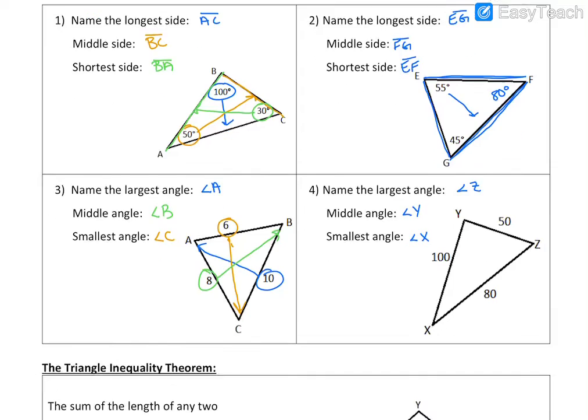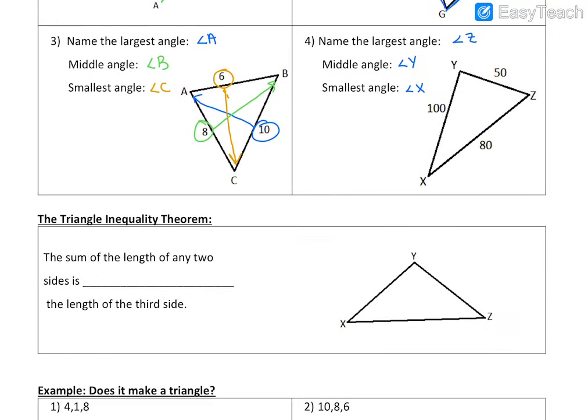The triangle inequality theorem says the sum of the lengths of any two sides is greater than the length of the third side. So in any case, if you take side XY and side YZ, that has to be greater than ZX.